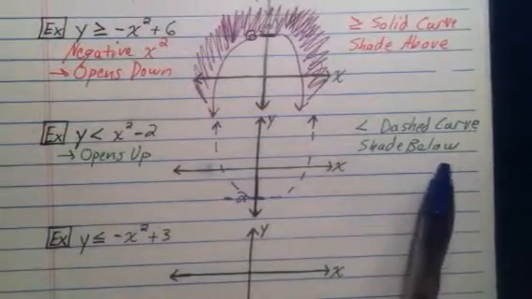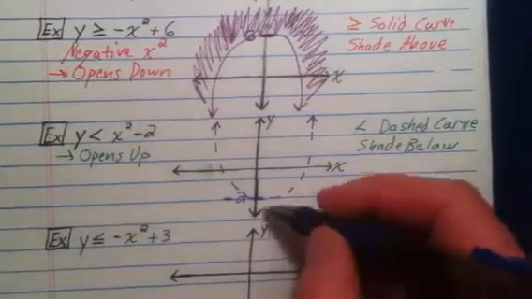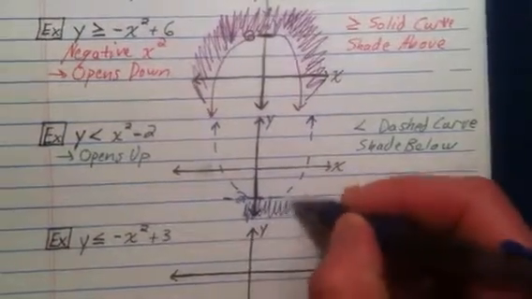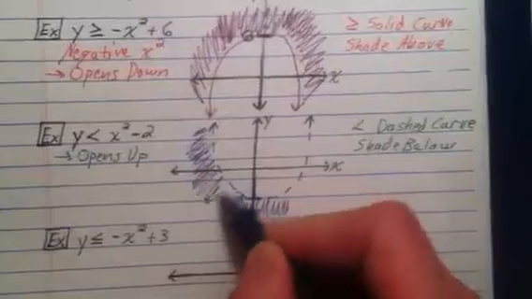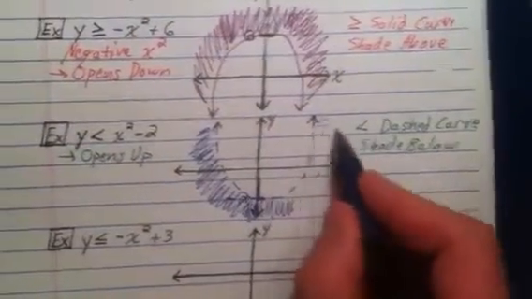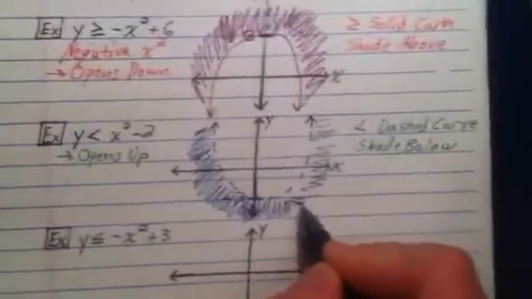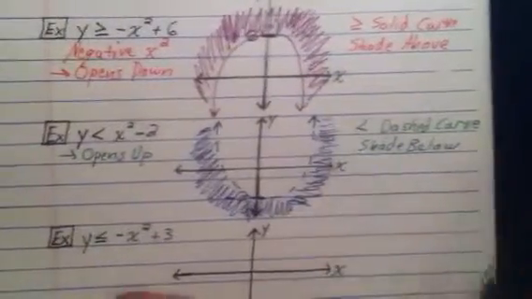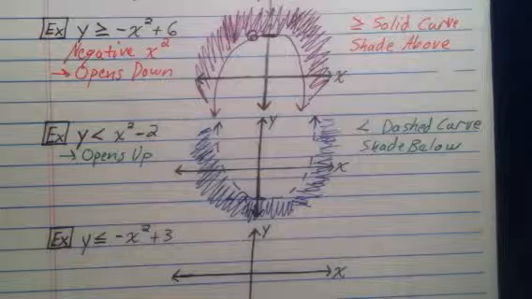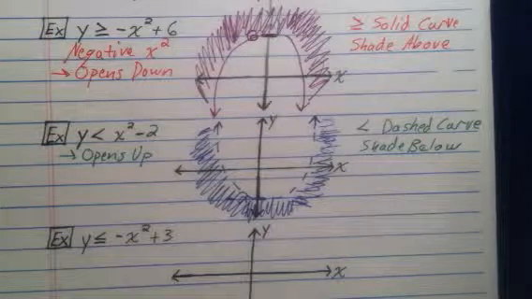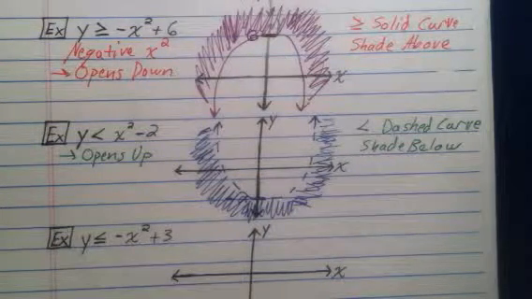And if we're shading everything below it, that again would be kind of below the curve, would be down here. So we actually shade everything that's outside of the parabola. Kind of like the parabola has a beard on it. Okay.